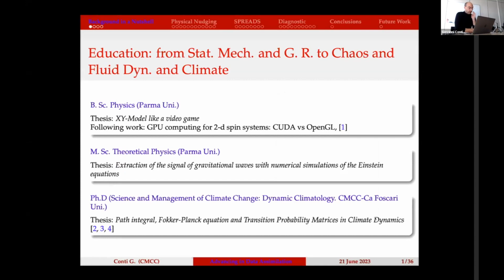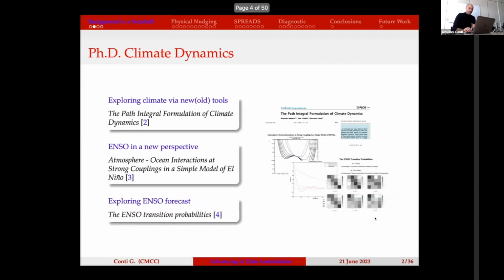And then the PhD here in Bologna, actually among Bologna and Ca' Foscari, under the supervision of Antonio Navarra and Joe Tripia, using some tools like path integral, Fokker Planck equation, transition probability matrices in order to understand the climate dynamics.